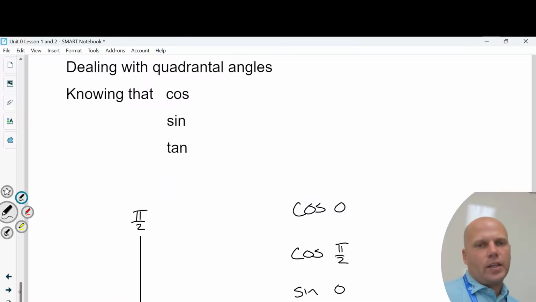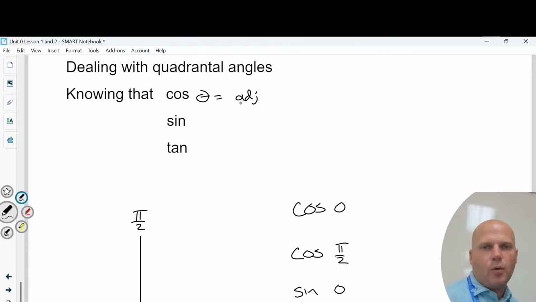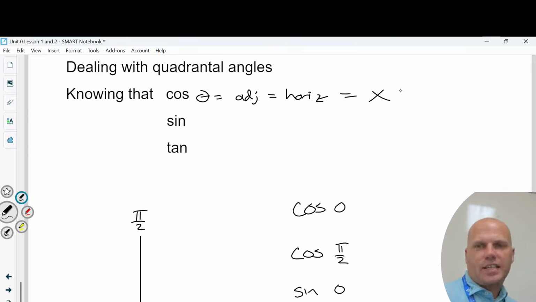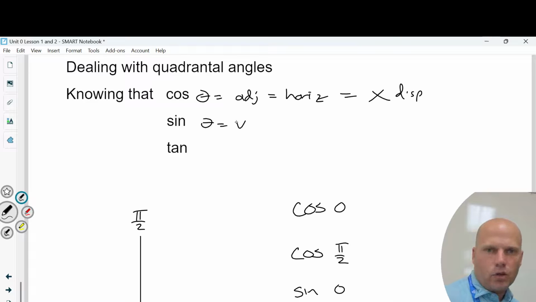Cool. Knowing that the cosine of an angle is always equal to the adjacent over the hypotenuse, with the hypotenuse being 1, which is the horizontal, we realize we can just look at the x distance, or the x displacement. The sine, vertical, opposite, vertical.